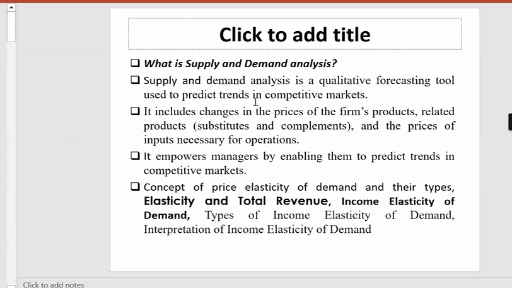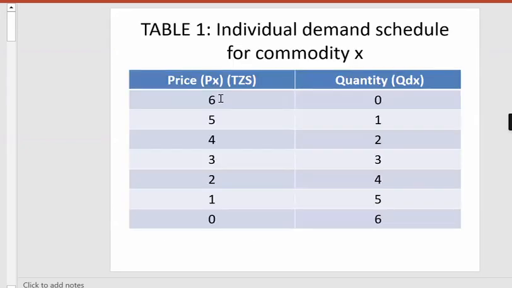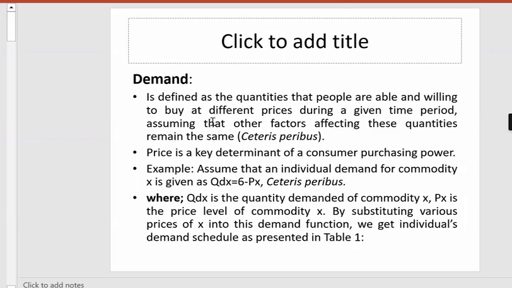About supply, we did, and I'm sure you are aware. Let's just focus on the demand. When you say demand and supply analysis, we are focusing on two things: the demand side and the supply side.